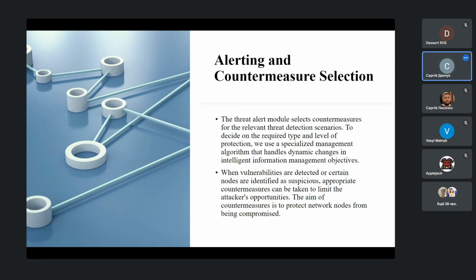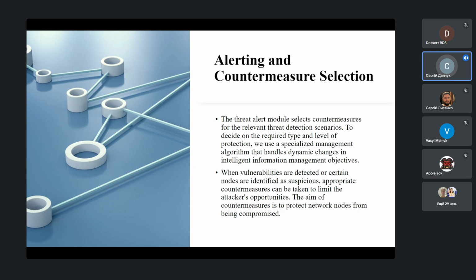countermeasure selection. The threat alerts model selects countermeasures for the relevant threat detection scenarios. To decide on the required type and level of protection, we use a specialized management algorithm that handles the dynamic changes in information management objectives when vulnerabilities are detected or certain nodes are identified as susceptible.